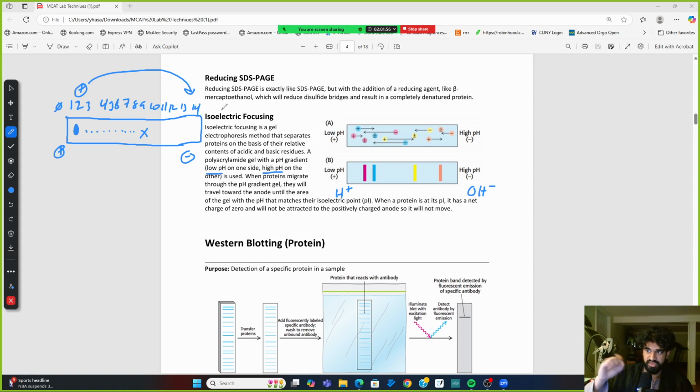Since the charge is zero, it's not going to be attracted to the positive terminal or the negative terminal, and it's going to stop dead where it is. It stops in such a specific location that it's going to match up with the pH gradient you made, and you'll be able to read the isoelectric point off of the ladder that you've created on the top. Does that make sense?